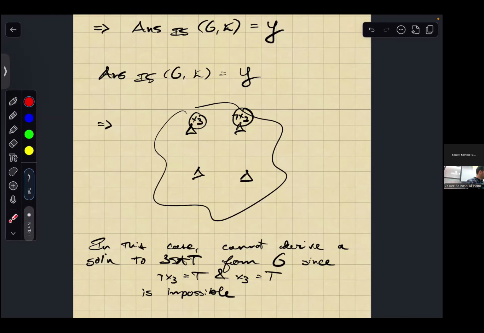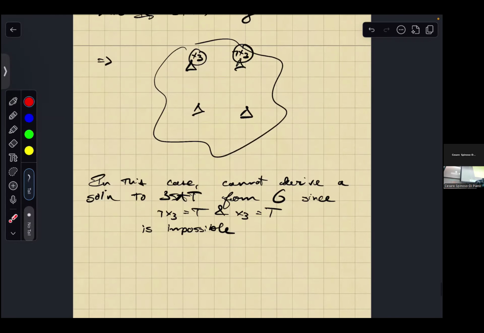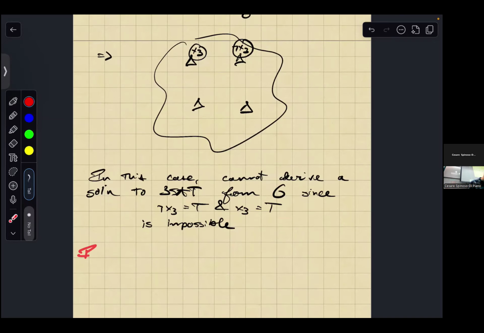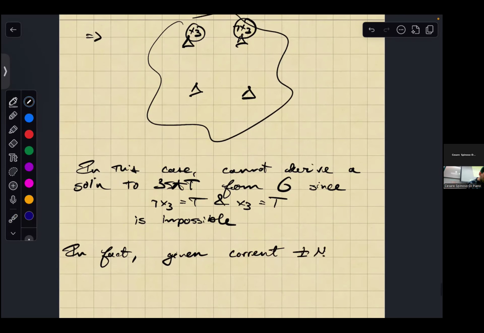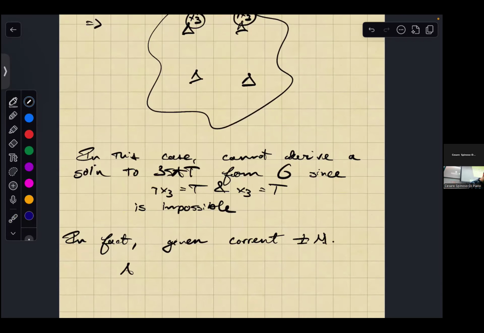So, in fact, given the current construction, the answer to the independent set instance G and K is always going to be yes for any phi. That means I don't actually have much of a solver. I just have a Turing machine that always says yes. It's kind of a flop. That's not really what I want.